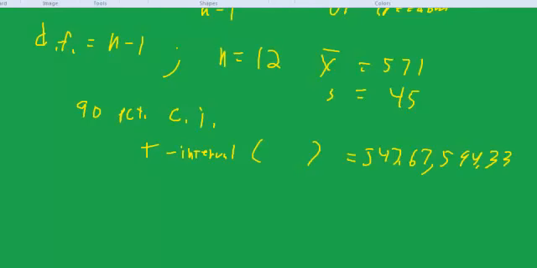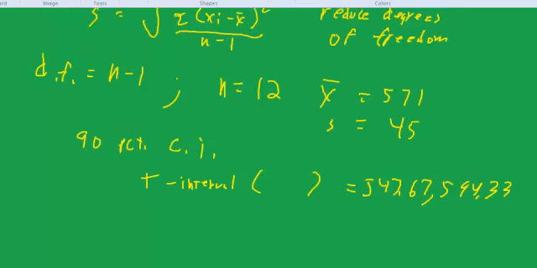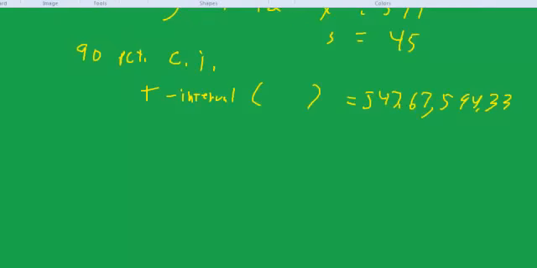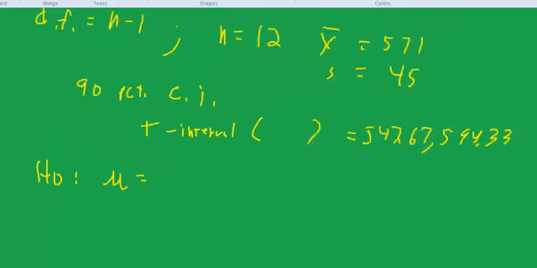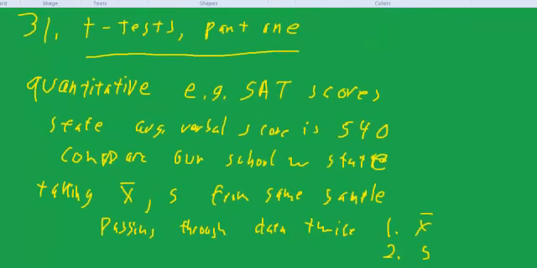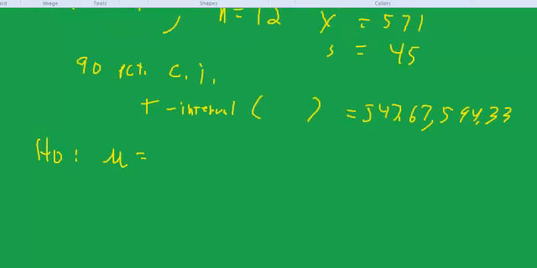Let's say we wanted to test, let's say our null hypothesis is that our mean is equal to the state's mean, which was 540. So mu equals 540. And the alternative, let's say, is that we're doing better than the state average.